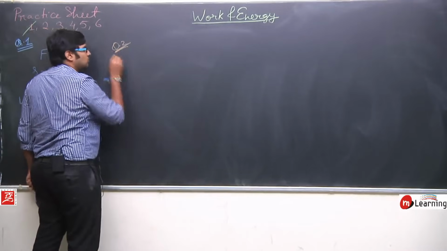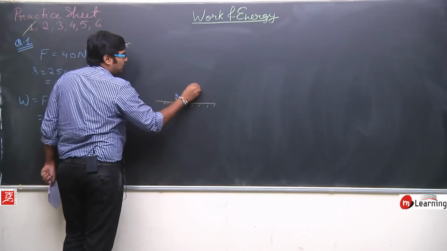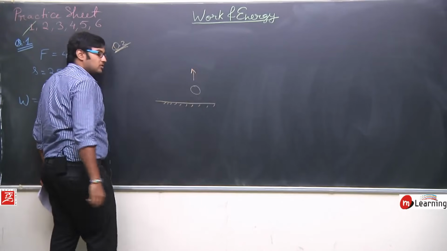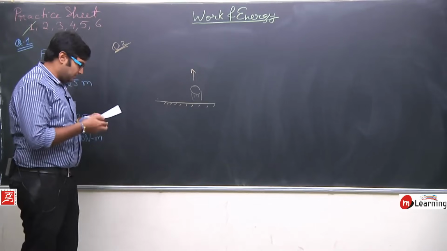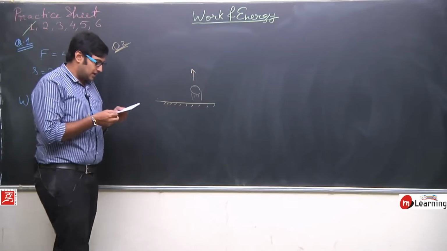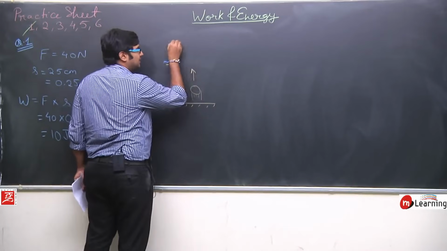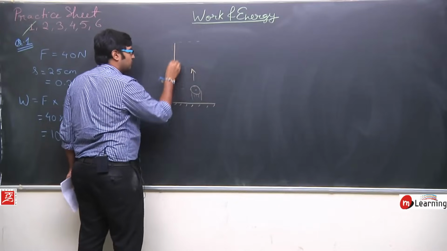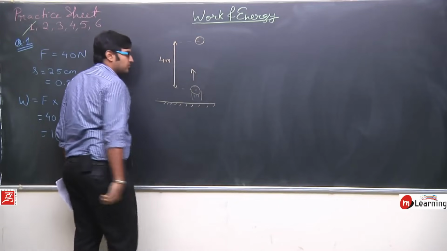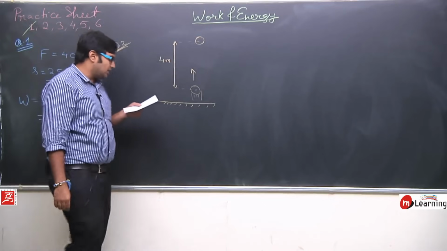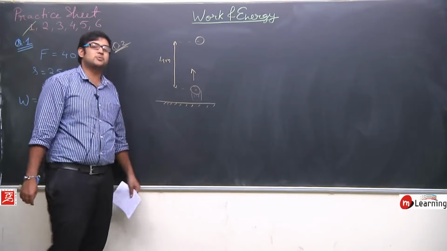So in question number 2, for example, this is the surface and you throw a ball upwards. The ball reaches a maximum height of 4 meters. We need to calculate the work done by force of gravity during this displacement.